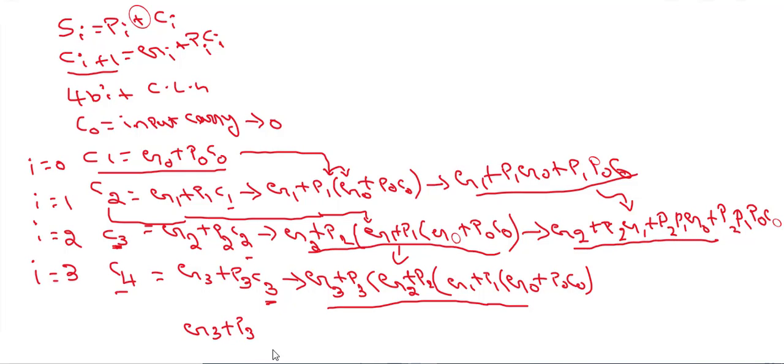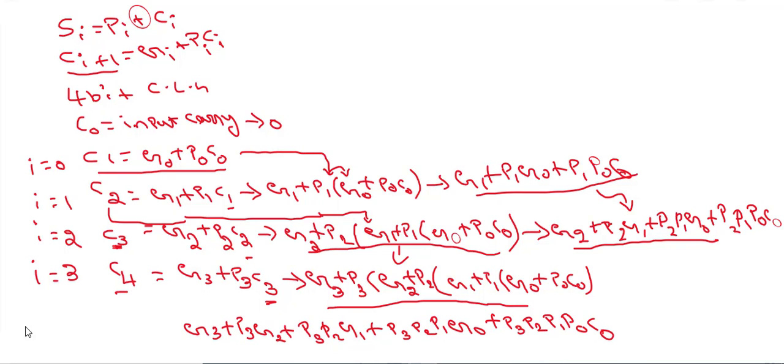So G2 is there, so P3 into G2 plus P3 into P2 into G1 plus P3 into P2 into P1 into G0 plus P3 into P2 into P1 into P0 into C0. This is the final equation of the carry look ahead adder.